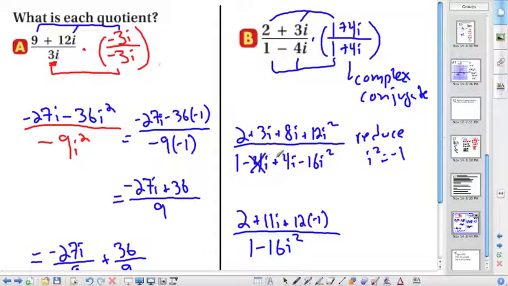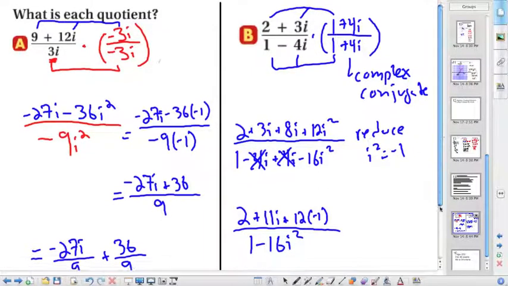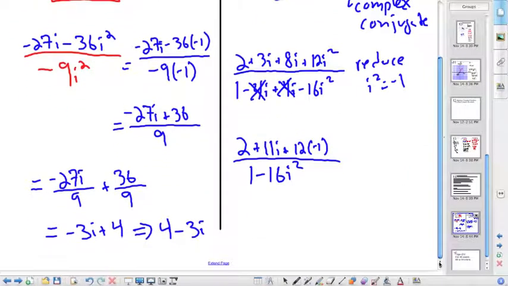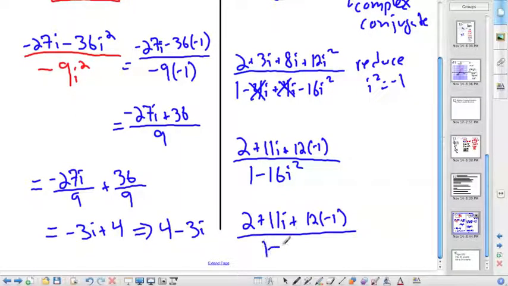You have to remember that 4i cancels out. Reduce by substituting negative 1 in for the i squared. You get 2 plus 11i plus 12 times negative 1 all over 1 minus 16 times negative 1.